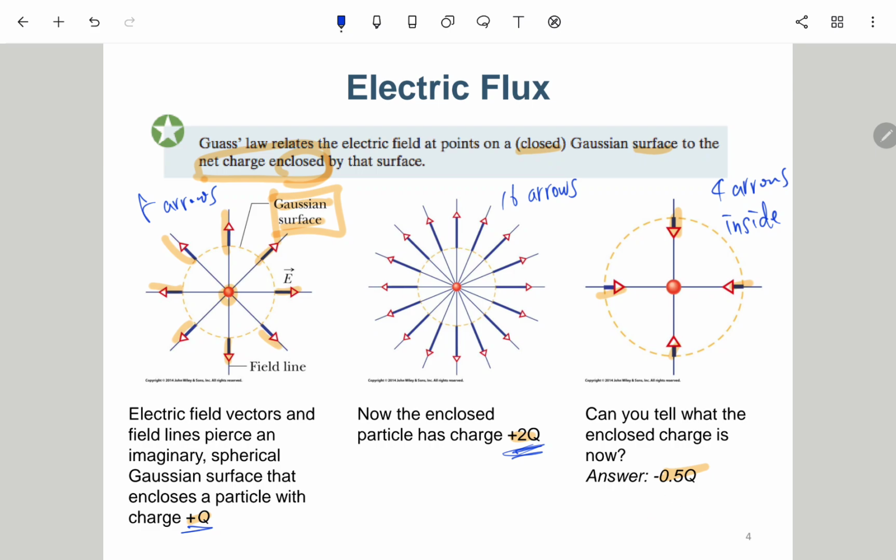The number of arrows going through the Gaussian surface is proportional to the absolute value of the amount of charge. A positive charge means the E field goes outside, and if it is a negative charge, the E field goes inside. So this is the electric flux conceptually. Okay, let me stop here today.